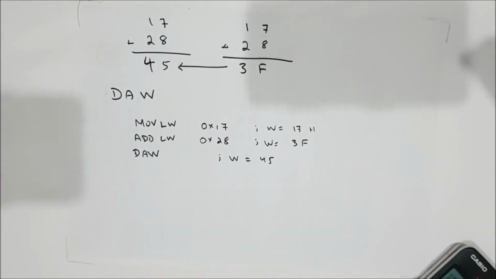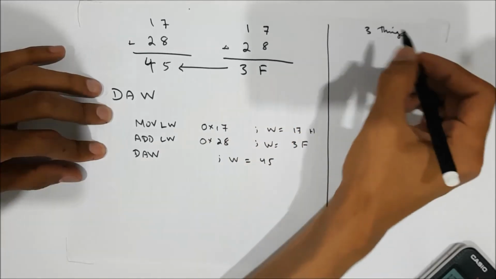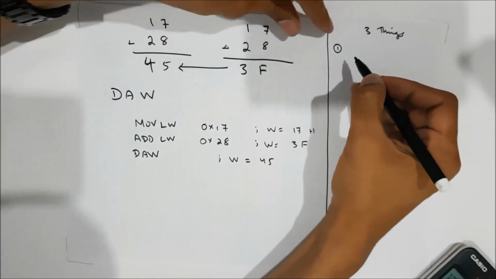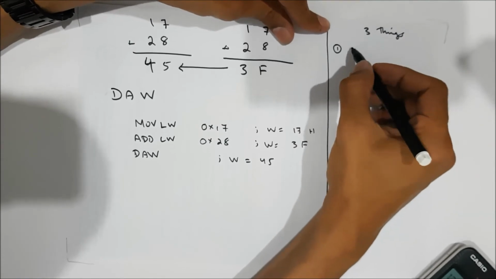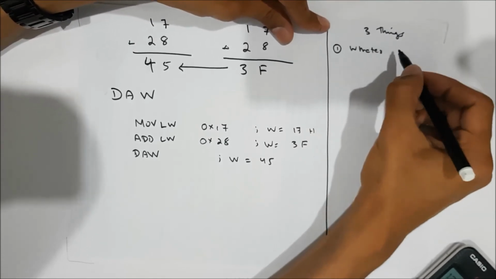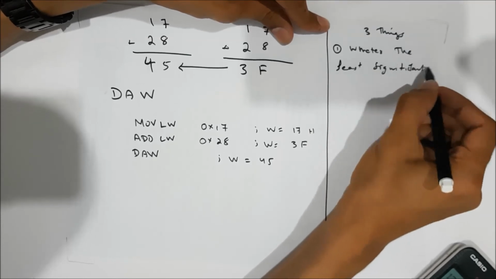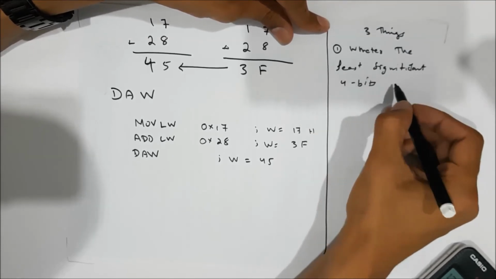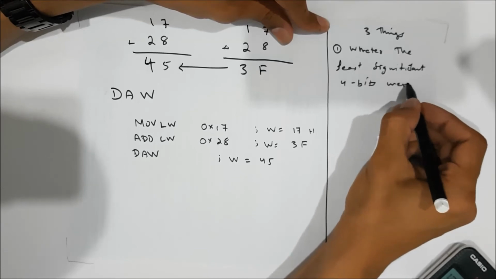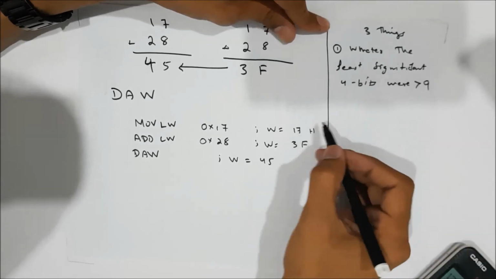It will check for 3 things. The first thing it will check is whether the least significant 4 bits were greater than 9.